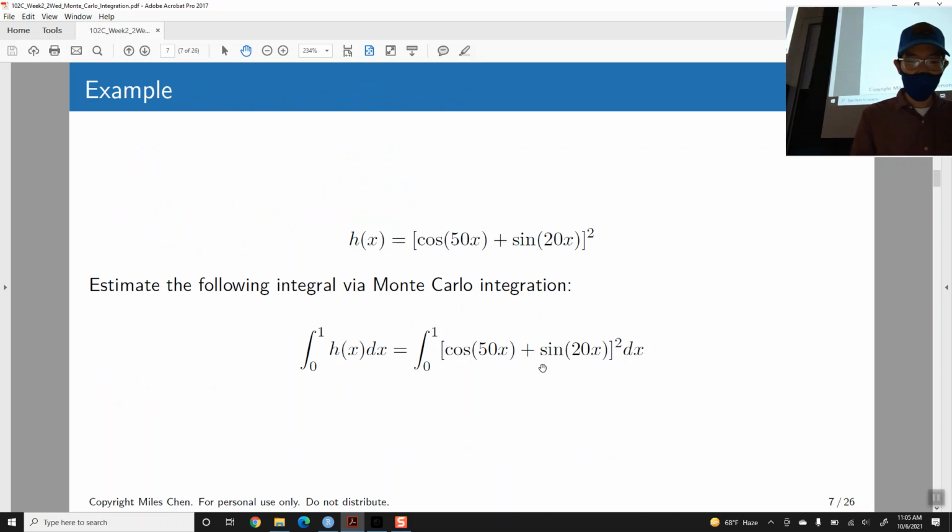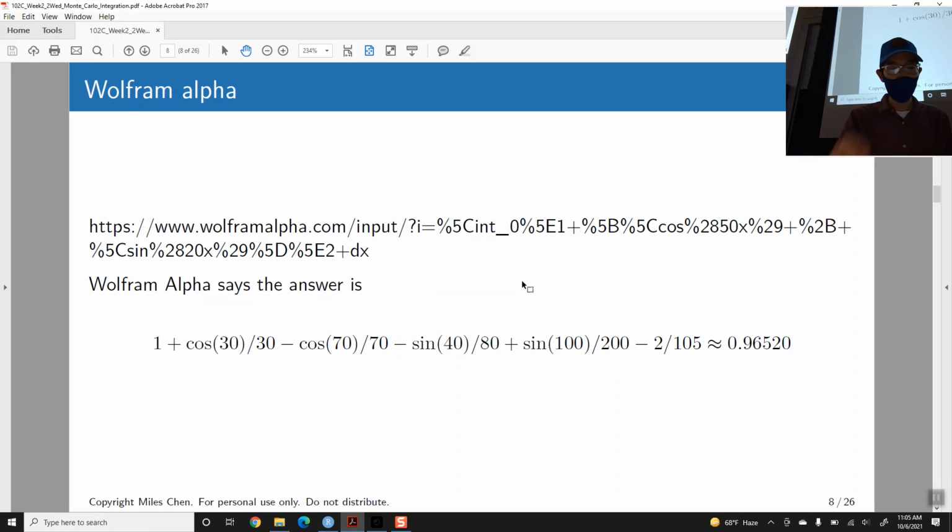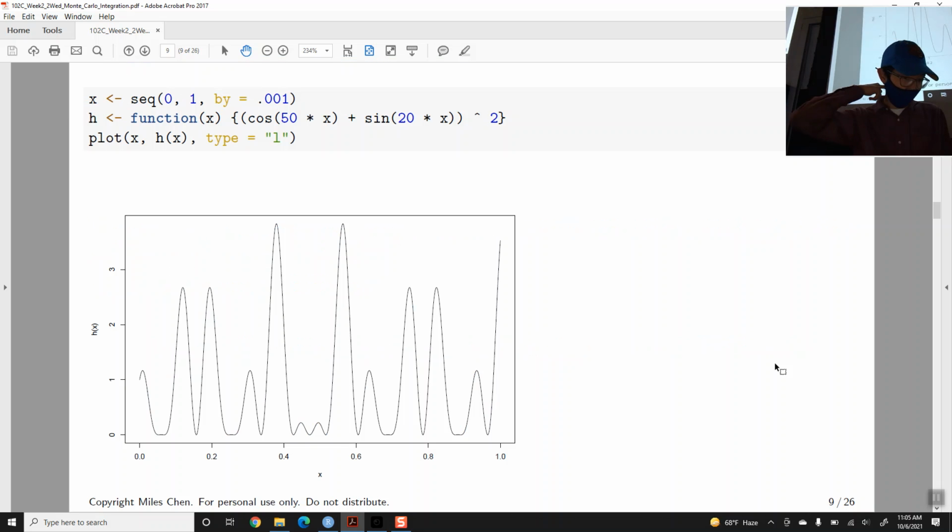So let's do this for this function here. The function that we want to apply it to is just some arbitrary function. It's a mess. We don't actually want to integrate it analytically. Okay, we could, but we don't want to. But we can do this, and we can just say, all right, here's what the function looks like.